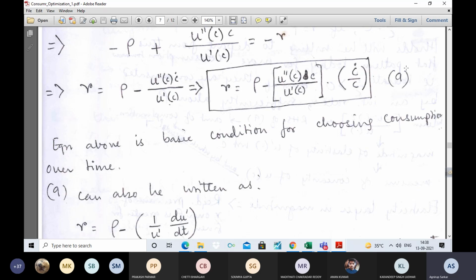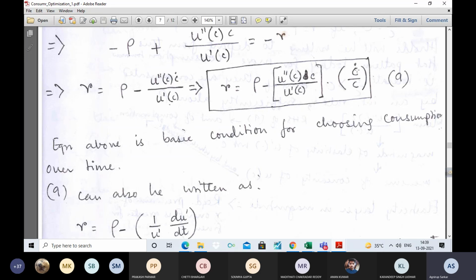So another way of viewing this Euler equation is that the households would select a flat consumption profile any day over a very bumpy or irregular consumption profile or consumption pattern. So a very smooth or very flat consumption profile basically means that C dot by C is close to 0, or C dot by C is almost equal to 0, meaning that consumption per person is not growing over time.